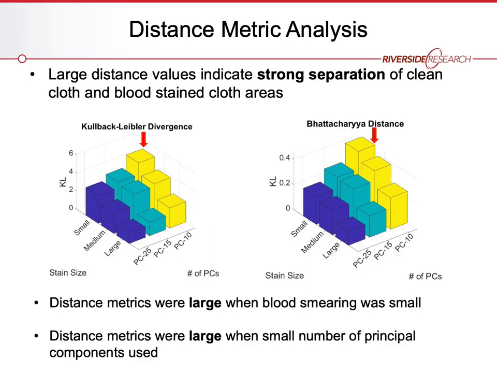Basically, the principal components are just simply the spectral bands that you have in the HSI data. What you can see is that there's a peak in the Kullback-Leibler divergence and Bhattacharya distance at very small PC numbers and very small blood smearing values.